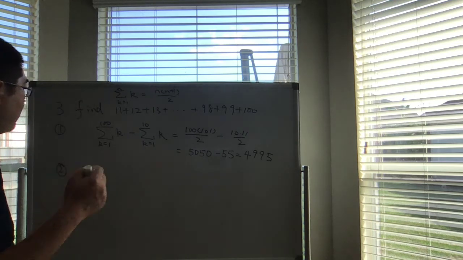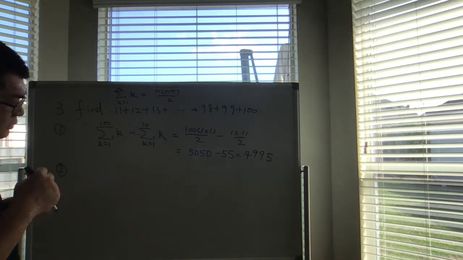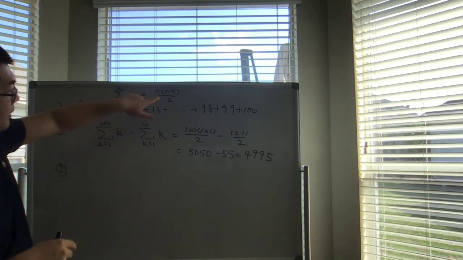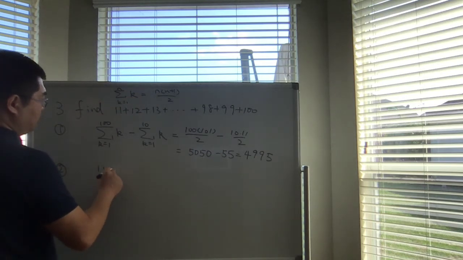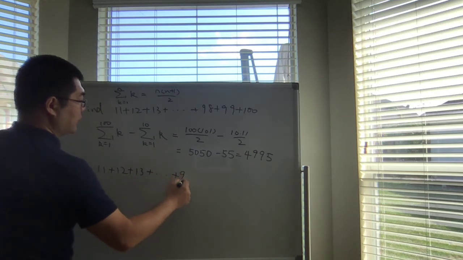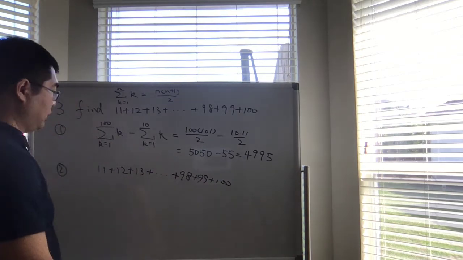Okay. The other approach is to use the idea for deriving this formula here. Let's take a look at it here. 11 plus 12 plus 13 up to 98 plus 99 plus 100. Okay.